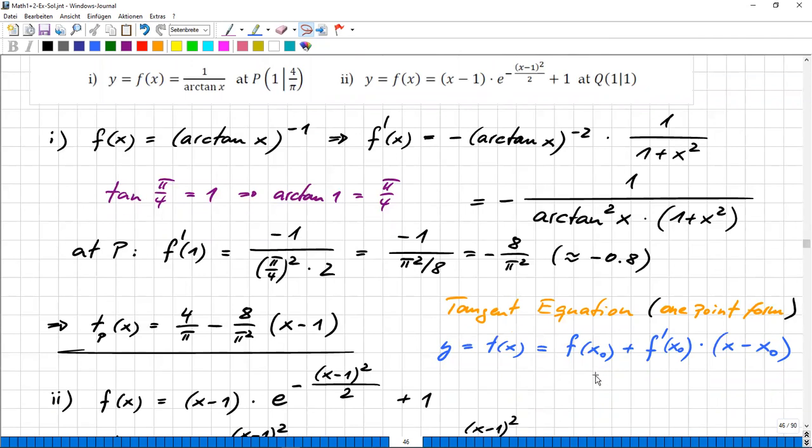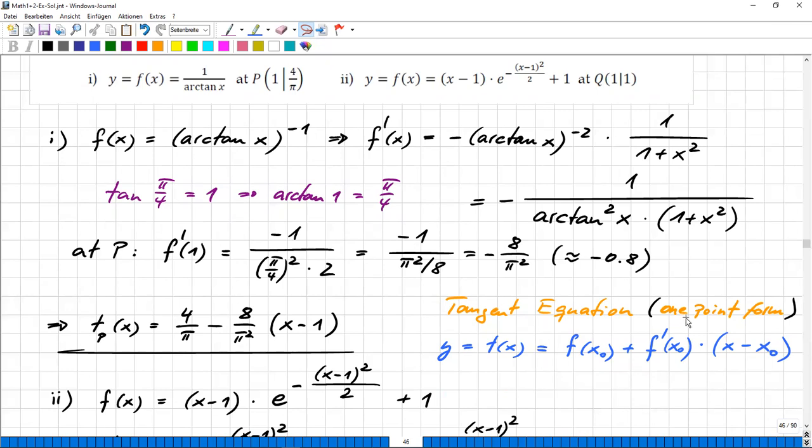This is quite familiar, which is given as T of x equals f of x null, our starting value, plus the slope at this starting value, x null, times now sort of a delta x expression, which is constructed in such a way that the variable x is taken minus the starting value x null, where my touching point P is located.